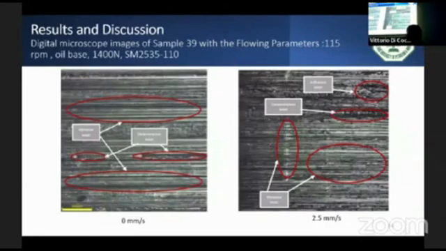Here is the digital microscope image for sample 39 with the following parameters: 115 RPM, oil-based, 1,400 Newton, and the material is SM2535. We found delamination, and there is abrasive wear on all of the sample. This is without a penetration rate.